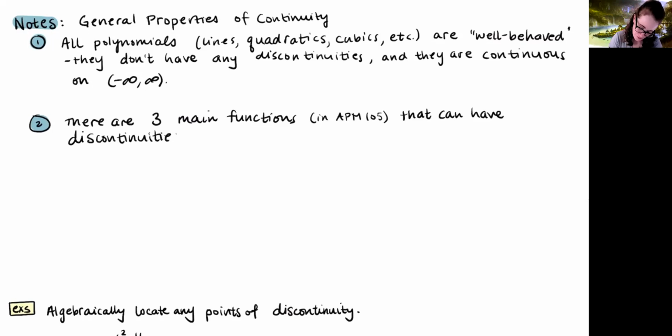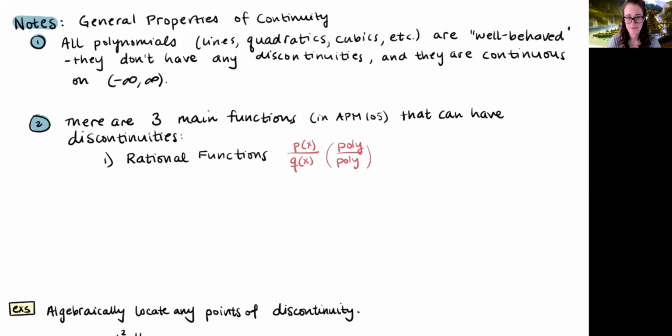The first is rational functions. We've been looking at these a lot with limits. We've seen that these kinds of functions can have holes in them. These are things that look like a polynomial over a polynomial. I'll write this as p of x over q of x, a polynomial that has x's in it over a polynomial that has x's in it.